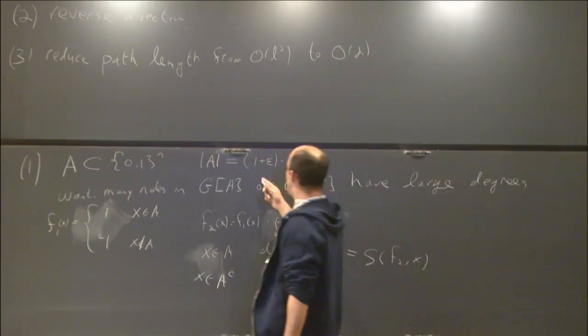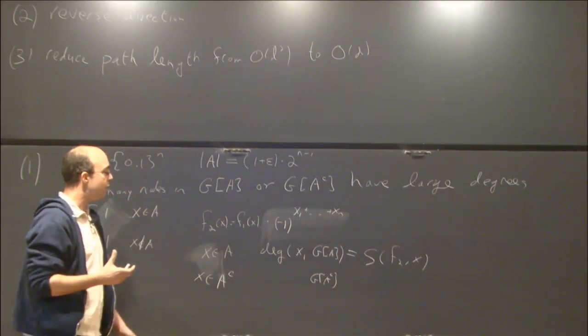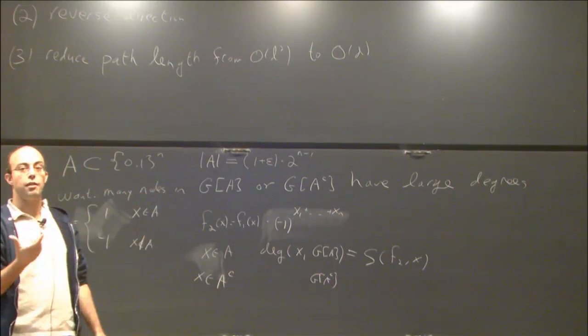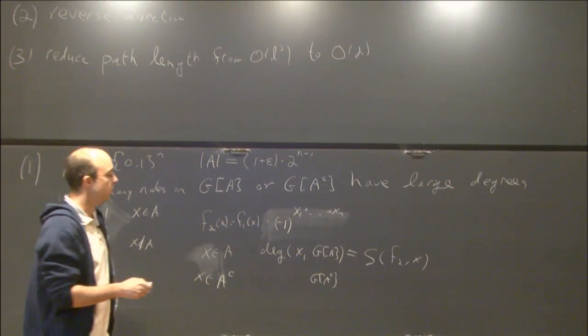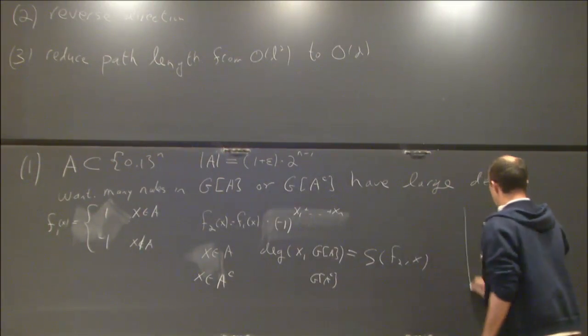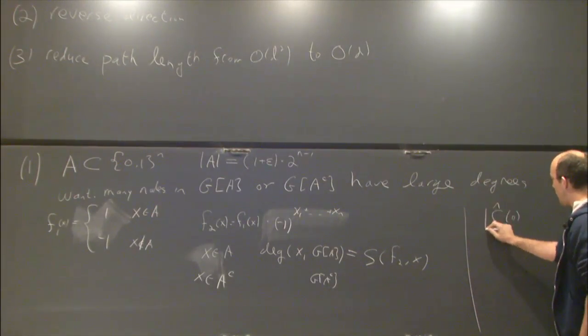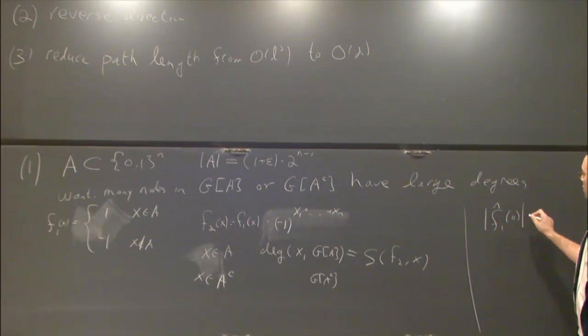So what do I know about A? It has measure bounded away from a half. So I know that its 0 coefficient, its average, is not 0. So I know that f1 hat 0 in absolute value is, I guess, 2 epsilon, because it's not half-half.